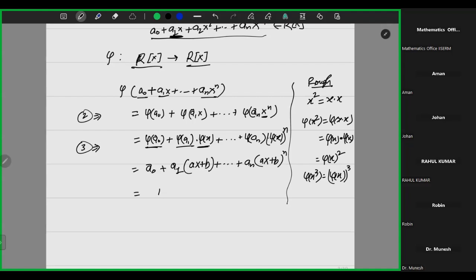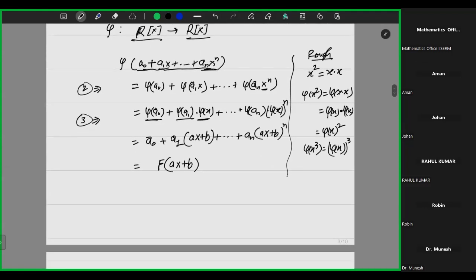This is just f of ax plus b, right? In place of x in the initial polynomial, we have just replaced x by ax plus b. So we see this homomorphism should work for our ring homomorphism.